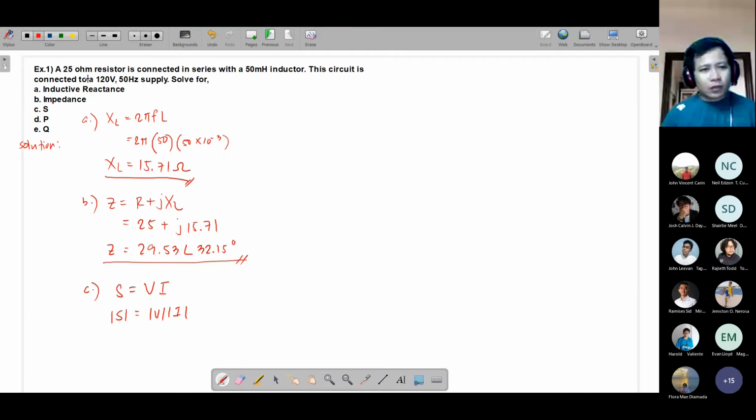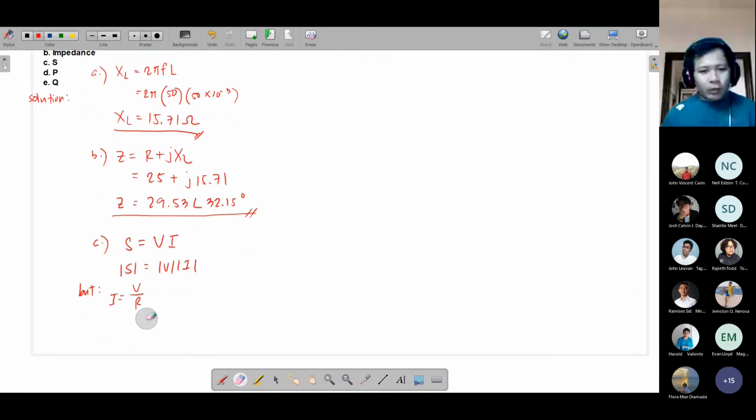Take note, anaa tay voltage, which is 120 volts, pero wala tay current. Solving for current, recall I is equal to, in terms of Ohm's law, V over R. But since AC circuit naman ta, we're not going to use R this time, but instead we are going to use Z, the total resistance for AC circuit.